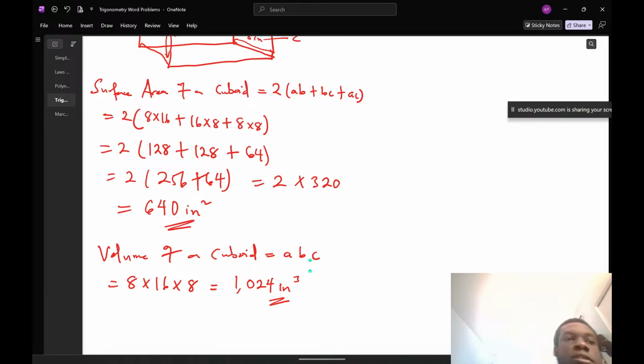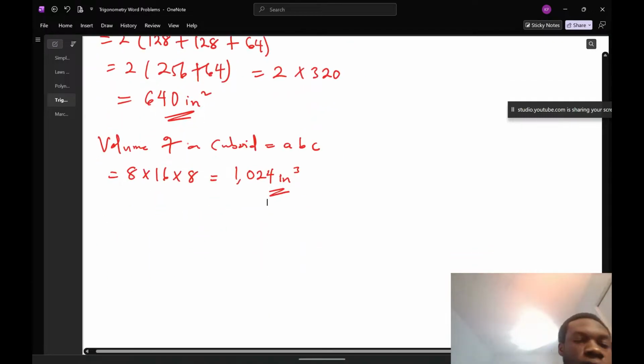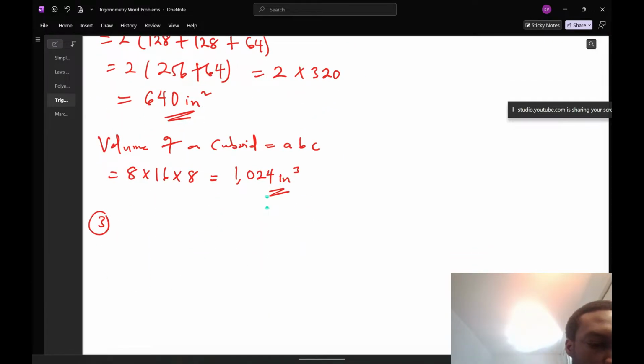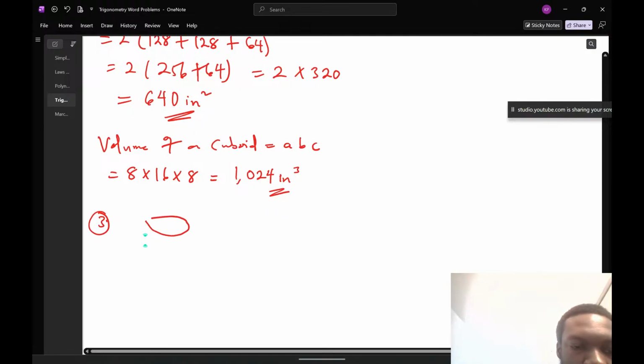So now let's do a cylinder. For example, we have a cylinder that looks like this.